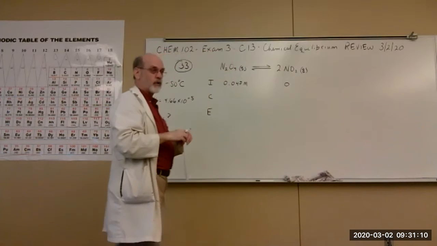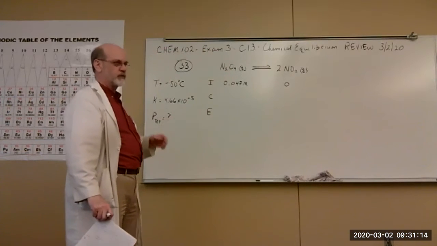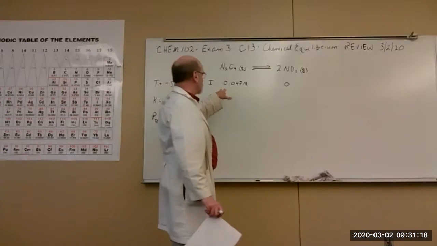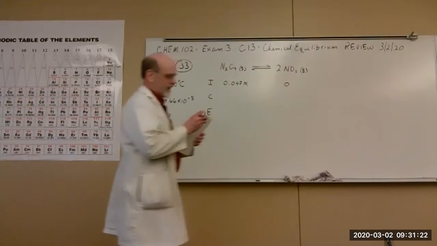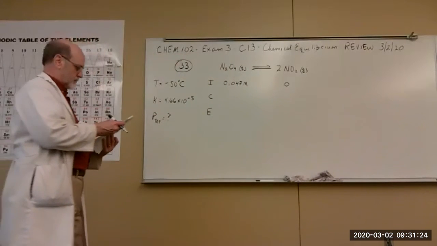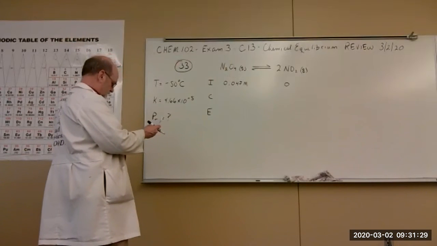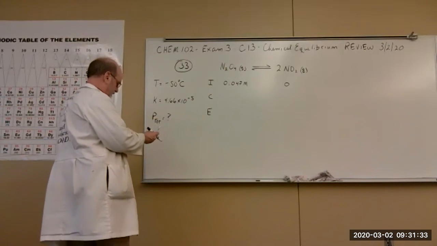Remember, if you know the total moles of gas and we're in ideal conditions, which we have to assume under these situations, then once we find the total moles, we can use the gas law to determine the atmospheres, right?